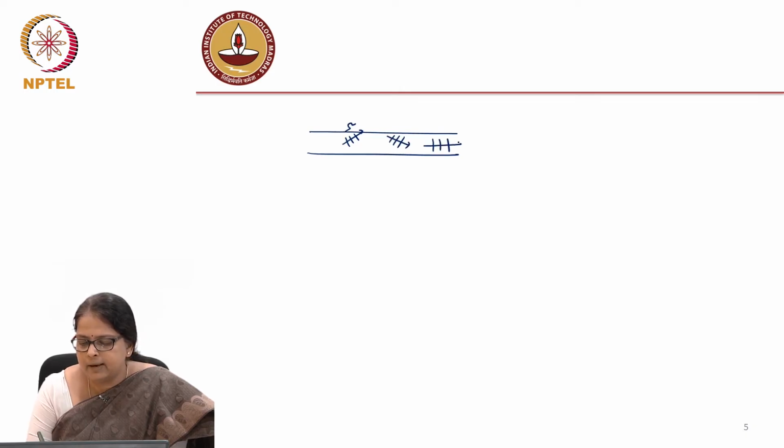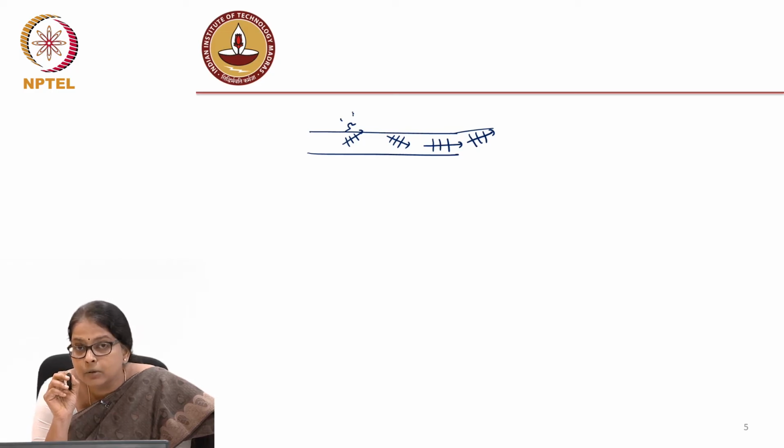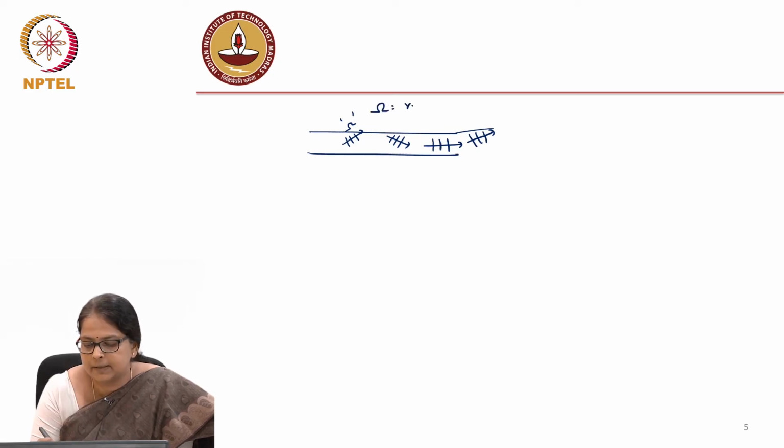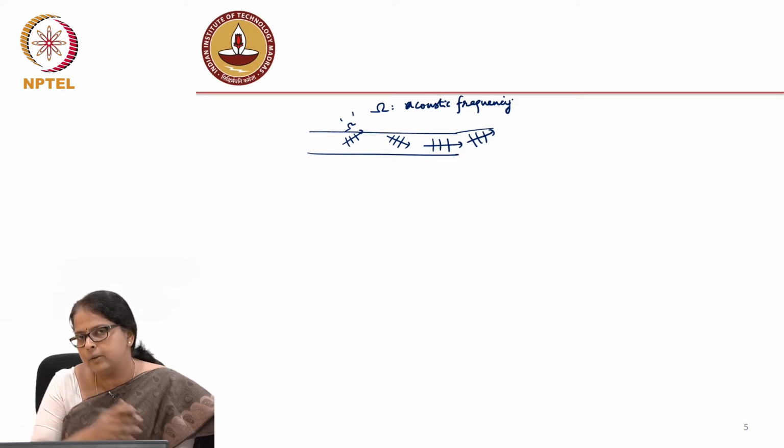They could be moving in different directions inside the fiber, right? So this omega represents the acoustic frequencies. For now, this omega is a variable, because it's thermal noise, so you have all kinds of frequencies present in the system.